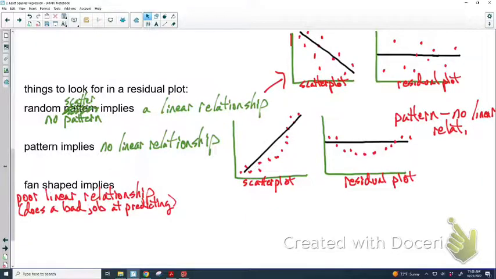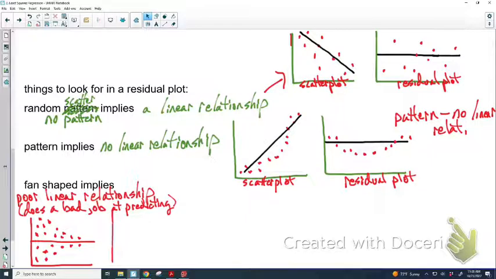So let's look at some examples. I may have a fan-shaped pattern that starts out all over the place. This is good. You know, we have random scatter. But you notice as you read left to right, it's narrowing. That's bad. That's a fan-shaped pattern.